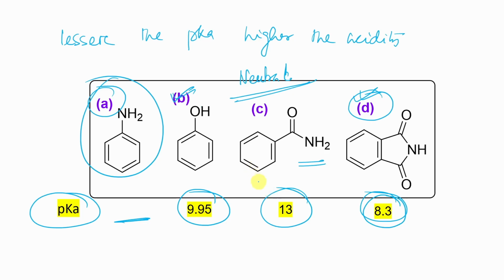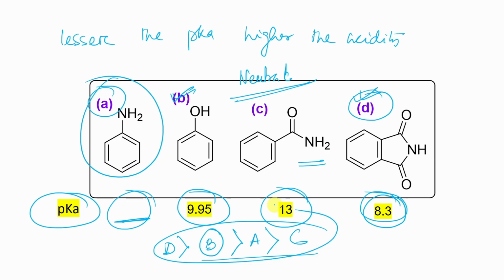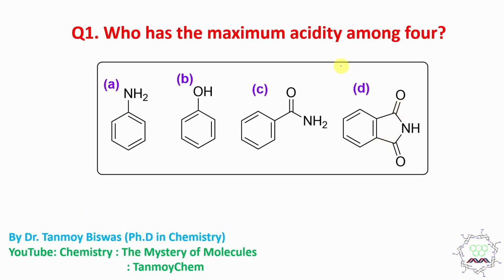If the question is asked what the trend is, the trend is D greater than B greater than, it's very difficult to say unless I know the value, but obviously amines are relatively more basic compared to amides, so I can expect A greater than C. So D, B, A, C is the expected order. If you know the exact pKa values, please let me know, then we can comment on this more accurately. So what is the answer to today's question? The maximum acidic among four is phthalimide.